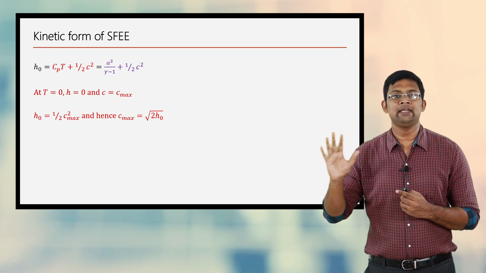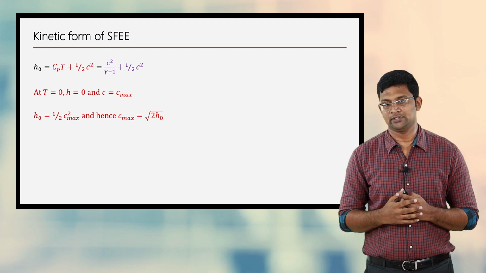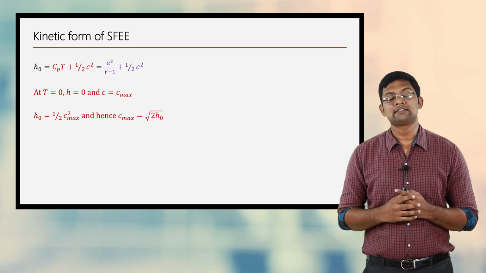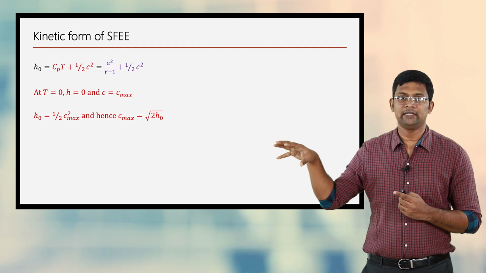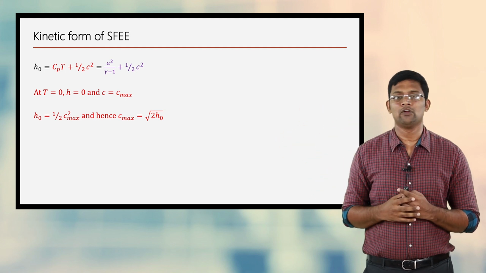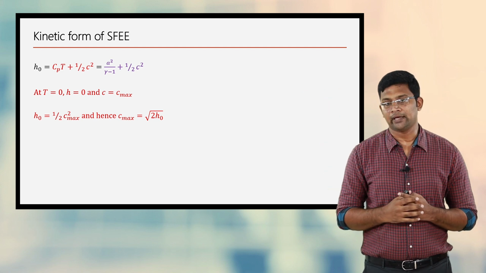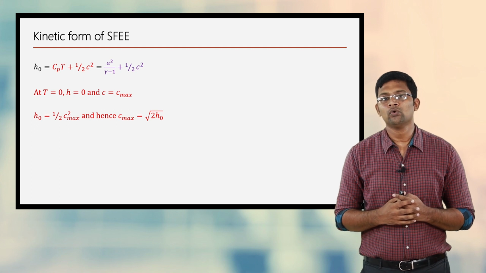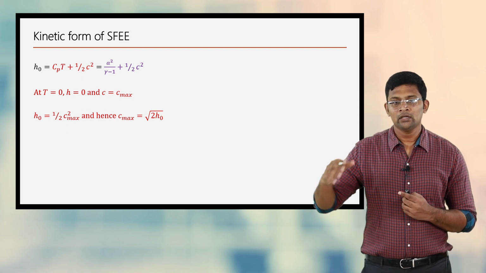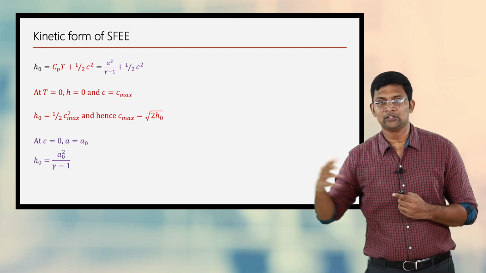If the term T is cancelled, the first term CpT will be removed from the expression. So, what remains is H0 is equal to half C square. So, that velocity corresponds to the maximum velocity. So, H0 is equal to half Cmax square, or in other words, Cmax is equal to root of 2H0.